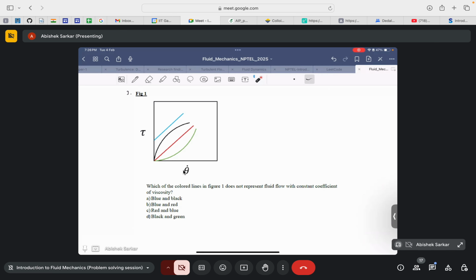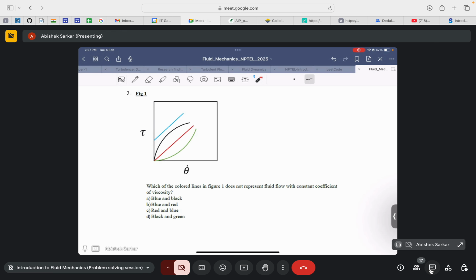Then you may again ask, what about this blue line? It also has some variation, right? It's not varying linearly starting from the origin. But if I consider this shear stress as tau equals tau threshold plus some constant mu times theta dot, then this equation again remains valid and the viscosity is constant.